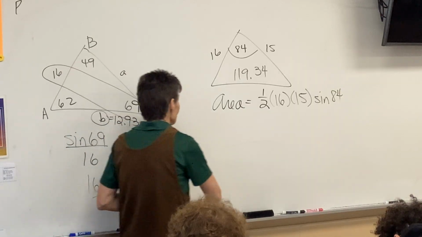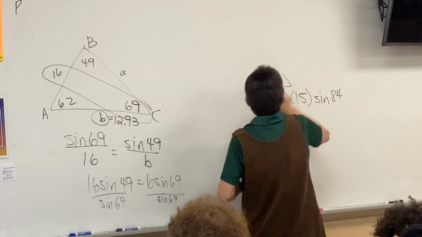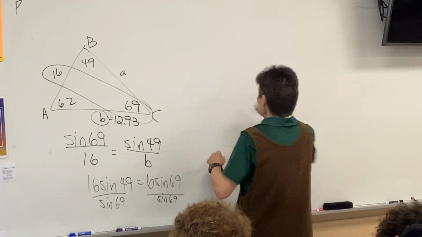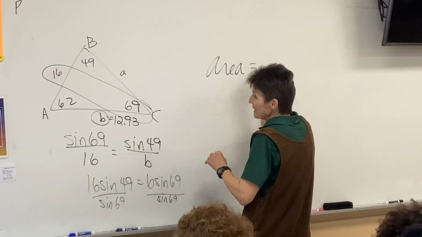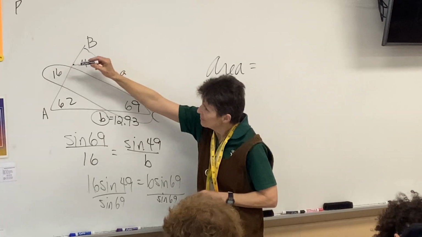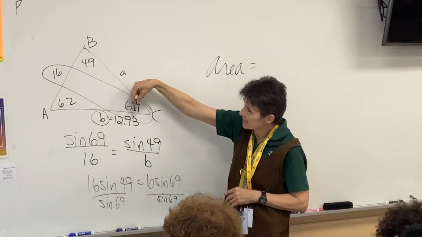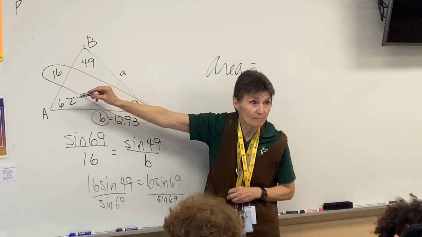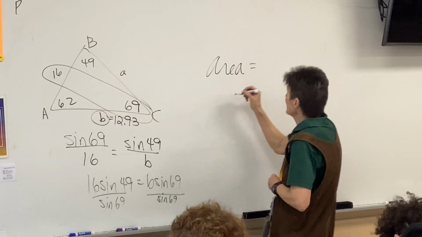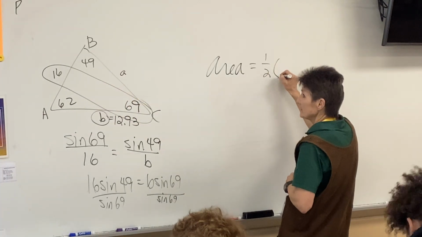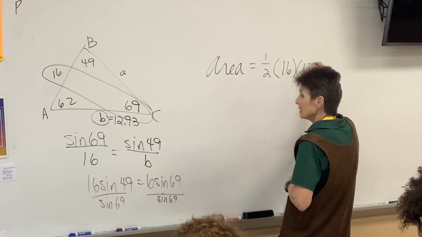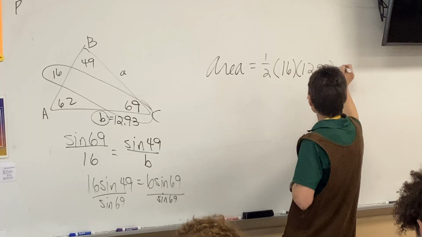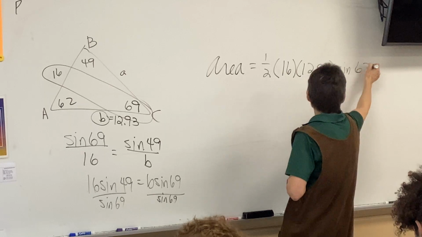Now remember, I'm trying to find the area. Now I can, kids, because I have this side and angle 62. So the area will be 1/2 times 16 times 12.93 times sine 62.